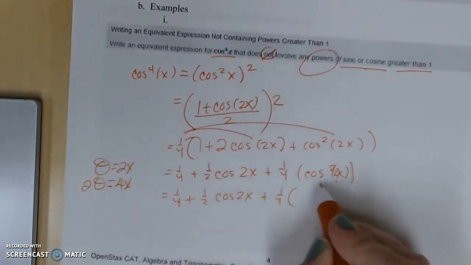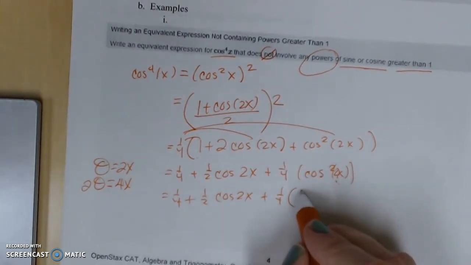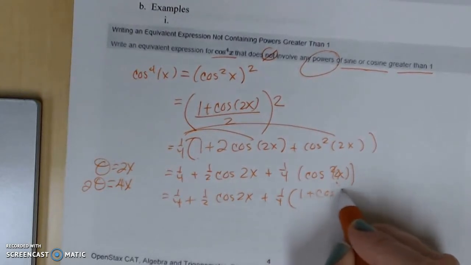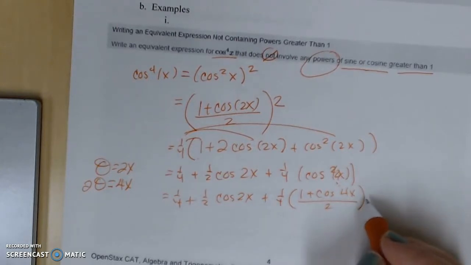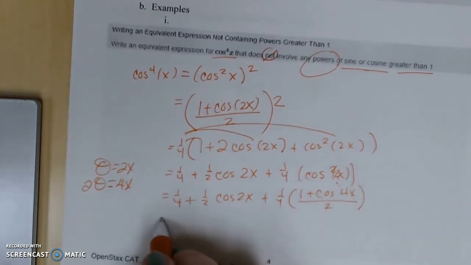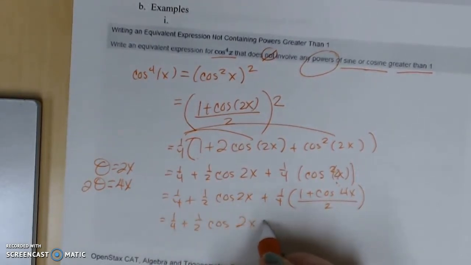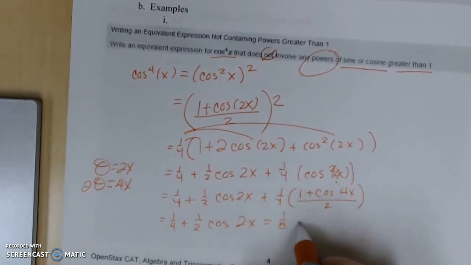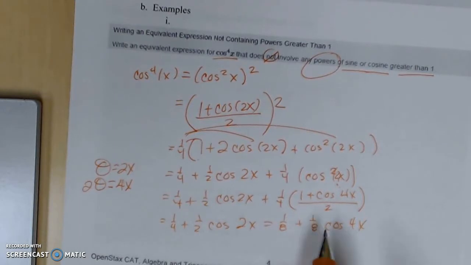Now I'm going to make my substitution here of cosine squared 2x, and that would be 1 plus cosine of 4x over 2. And then when I start simplifying this, again, just bringing down the front 2 terms, this yields me 1/8 plus 1/8 cosine of 4x, putting the 4 and the 2 together to get those 1/8.